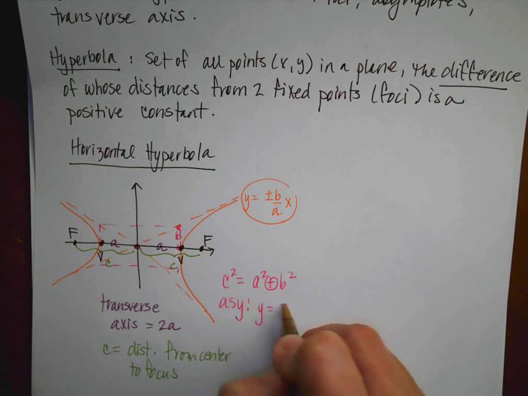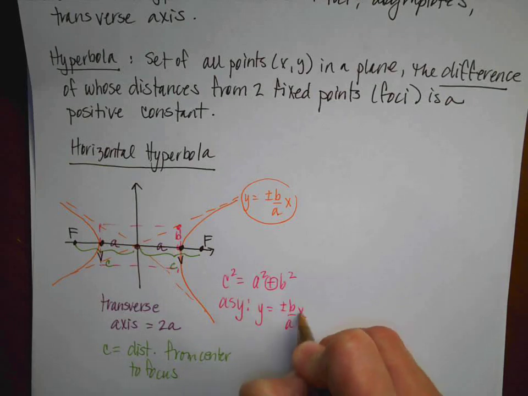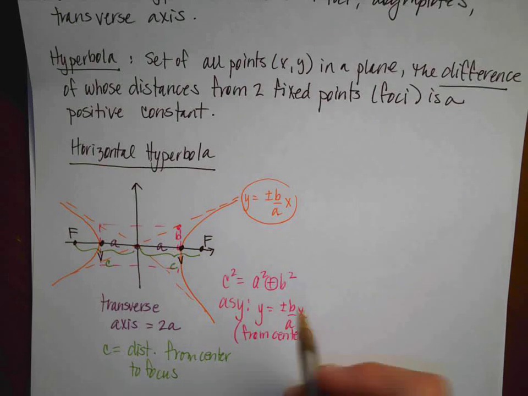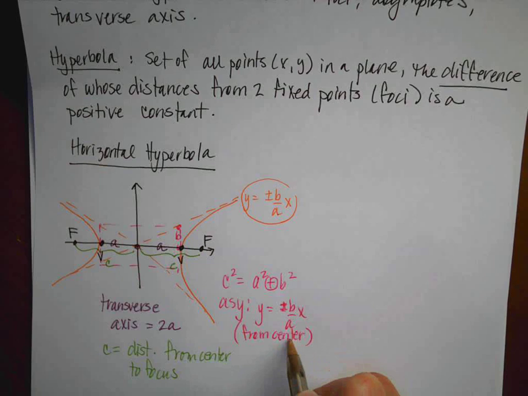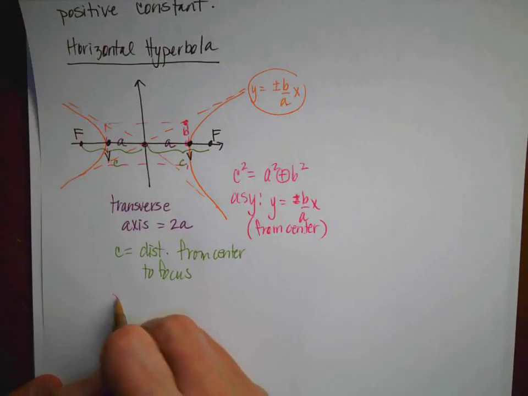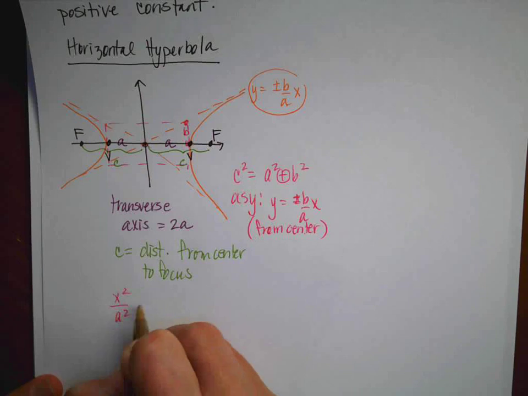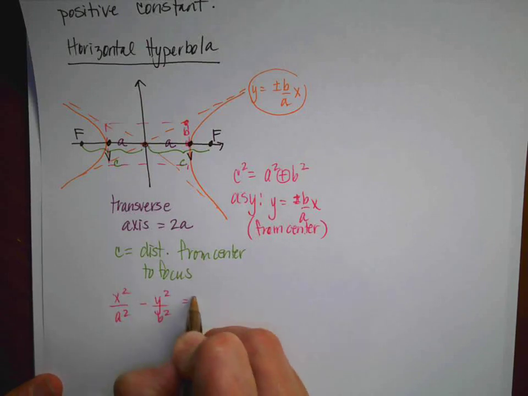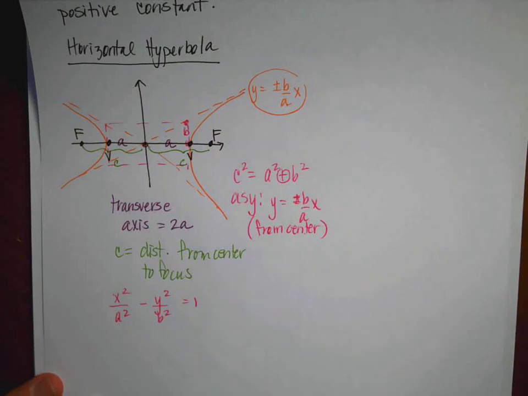Our asymptotes are going to be y is equal to plus or minus b over a x, and this is from the center. If the center of the hyperbola moves, then the equations move, but I'm always going to write them in terms of the center. My generic equation is going to be x squared over a squared minus y squared over b squared is equal to 1.